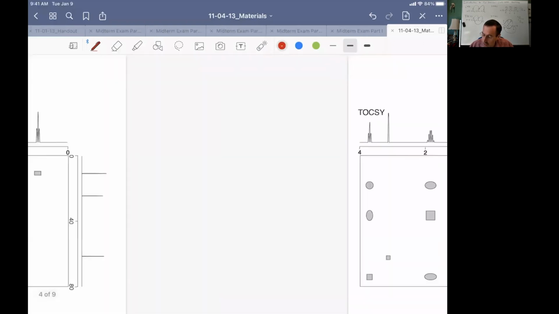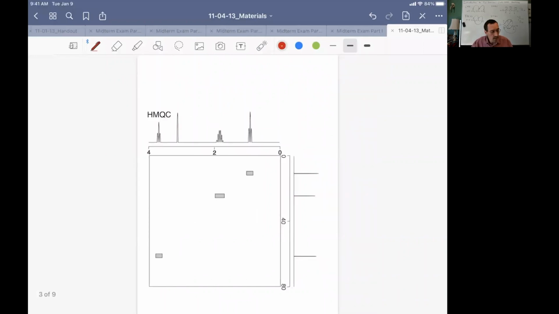That's weird. I have two COSYs in there. Anyway, here's an HMQC, so the same molecule. Now in the HMQC, we have our C13 axis as our F1, and our H1 as our F2.